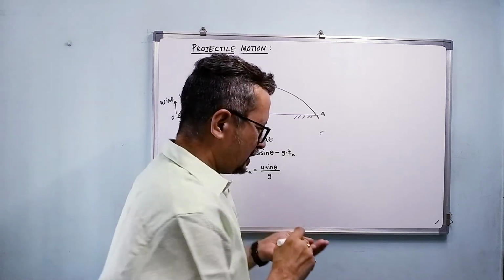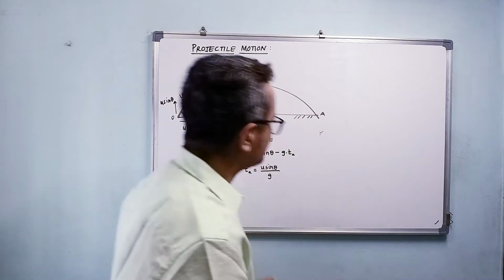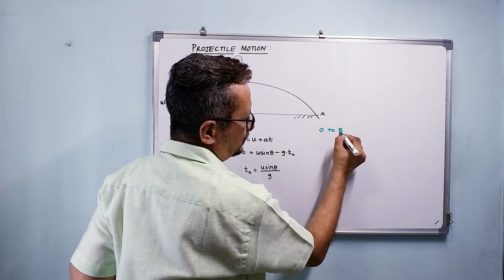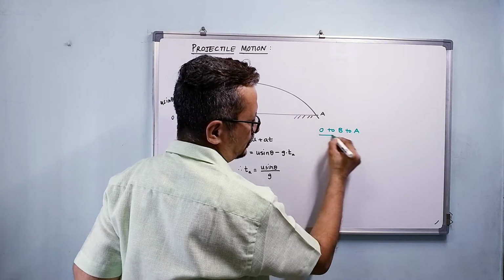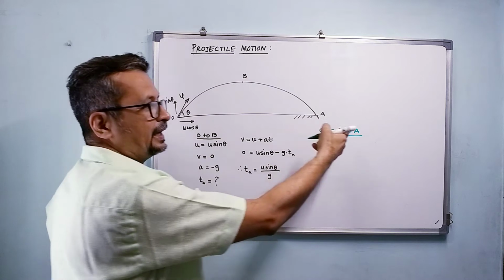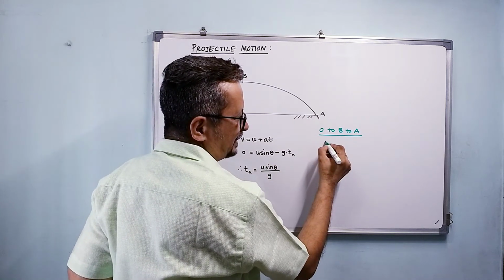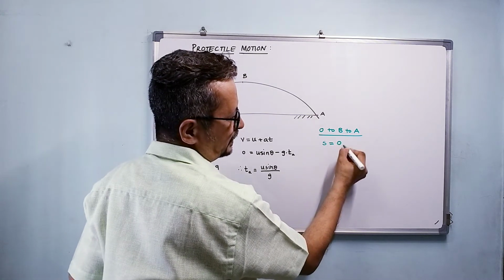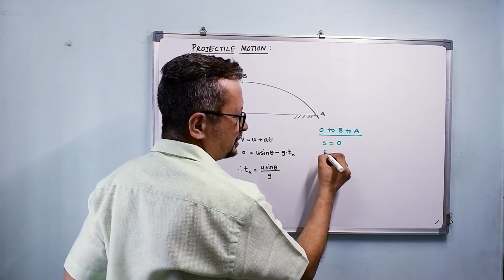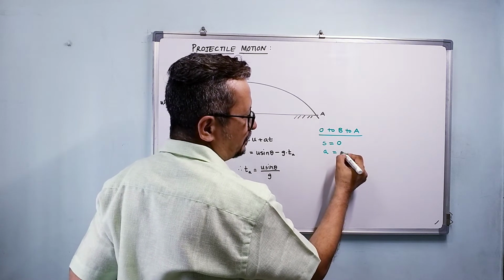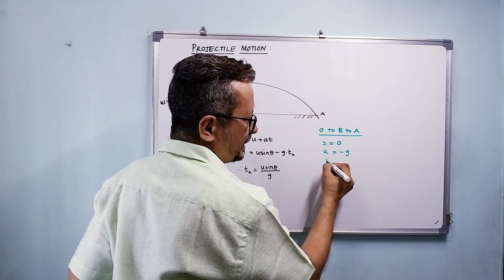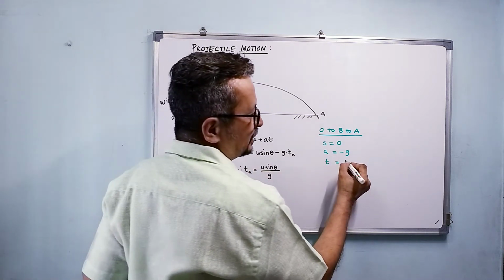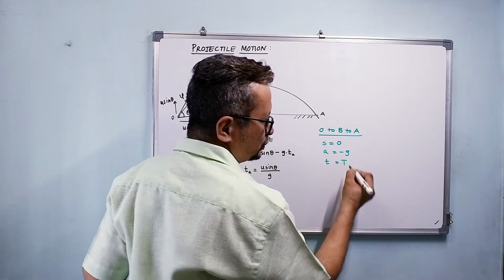So for motion, I'll change the color here. From O to B to A, I start from O and I land at A. My displacement, vertical displacement, is equal to 0, right? My acceleration here is equal to minus g, and time taken is equal to, how much is that? Time taken is time of flight, total time.